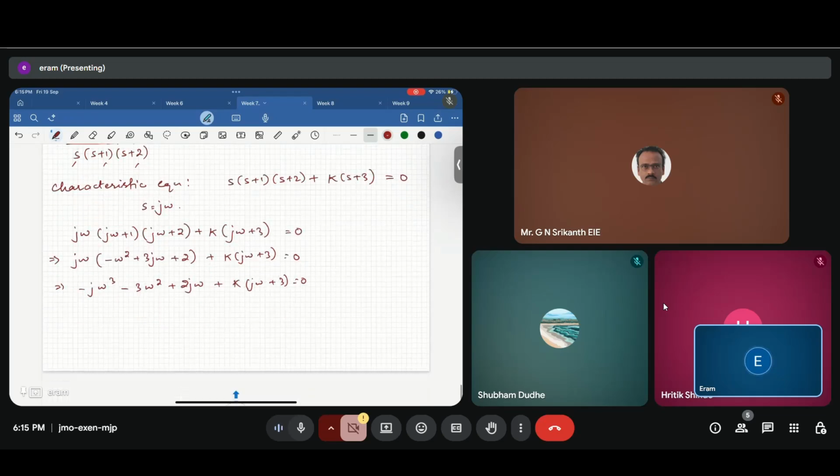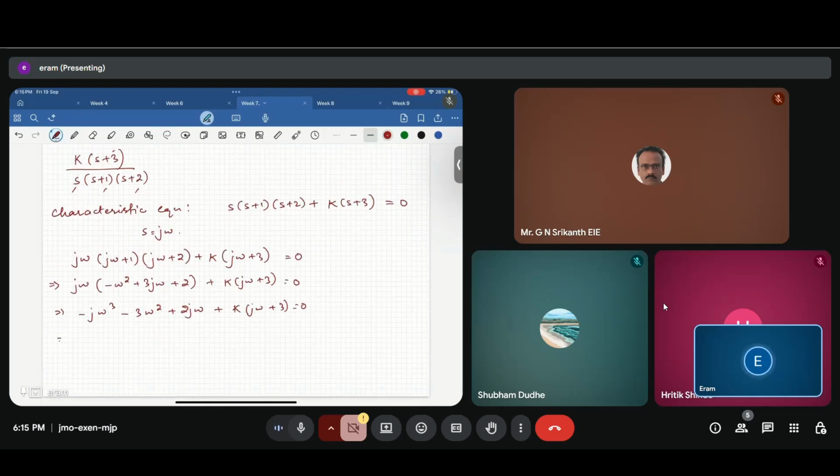Okay, and then we will keep the real parts and imaginary parts separately. So the real parts are minus 3 omega square and plus 3k. The imaginary parts are k omega plus 2 omega minus omega cube equals to 0.